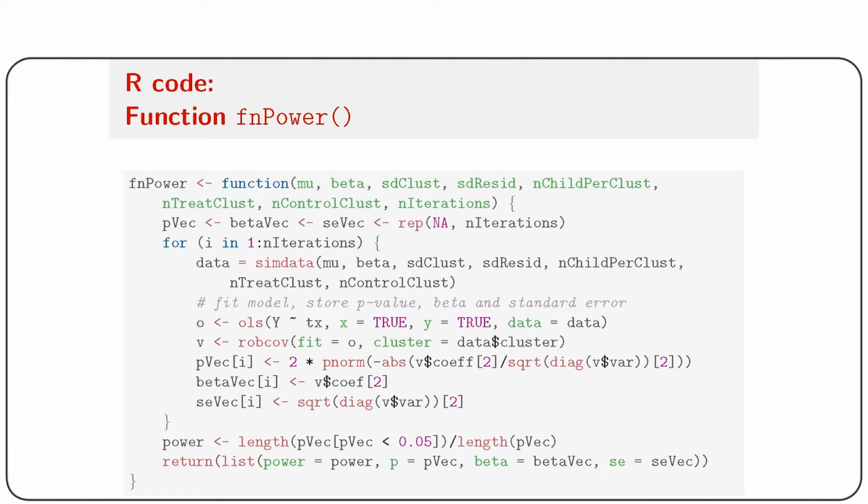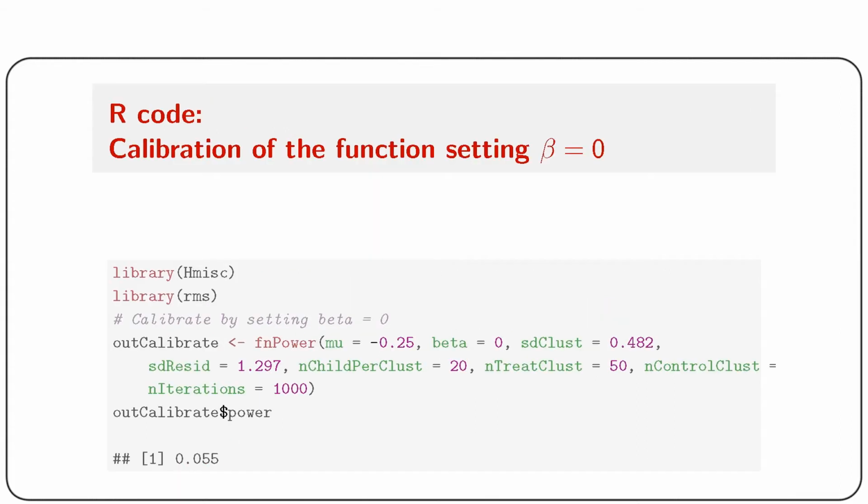The power is the length of the p vector where p is less than 0.05, divided by the length of the p vector. That means the number of p values less than 0.05 divided by the total number of iterations. So the returning value would be power equals power, p equals p vector, beta equals beta vector, and standard error equals the standard error vector. So this is one list it will generate.